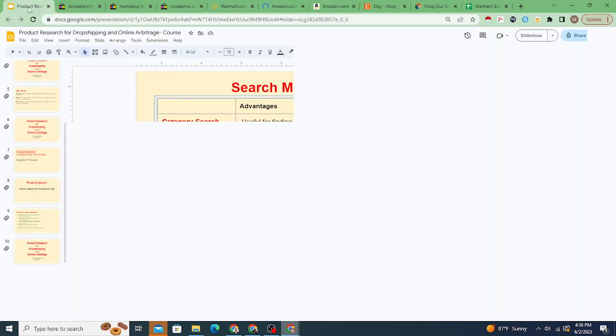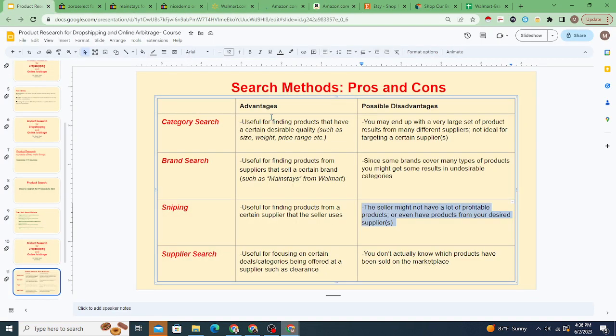So this is why, for me personally, and I know a lot of teachers on YouTube really swear by the method of sniping, and I do see some potential benefit in sniping in certain situations or with certain suppliers, but I just really have to say we don't really know if the products are profitable, or how we really know this is a very good seller.